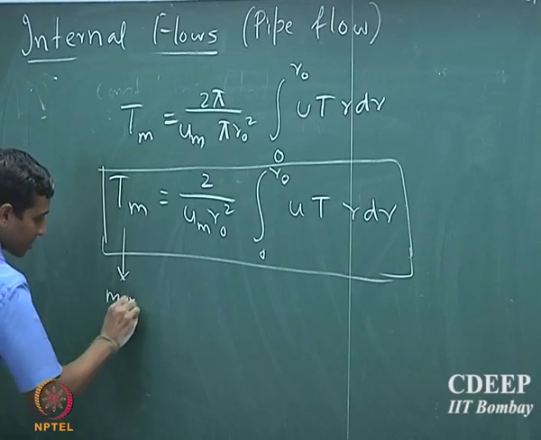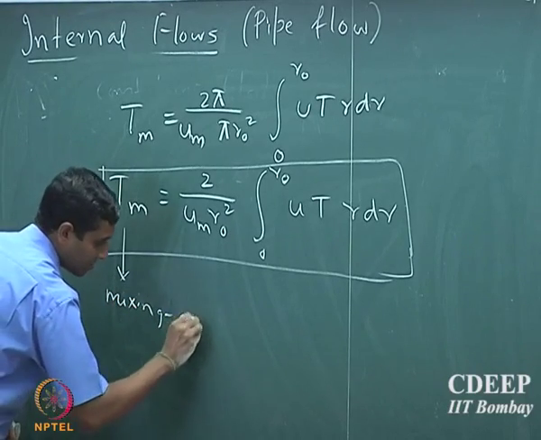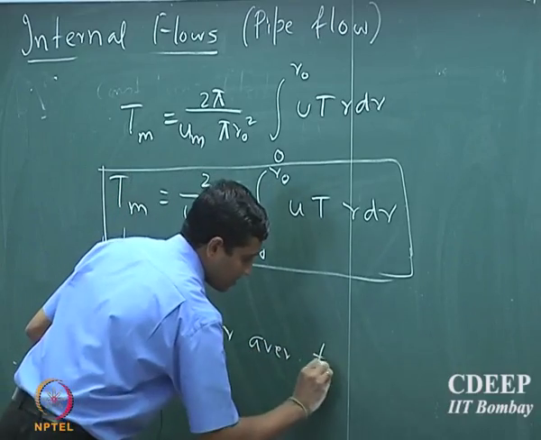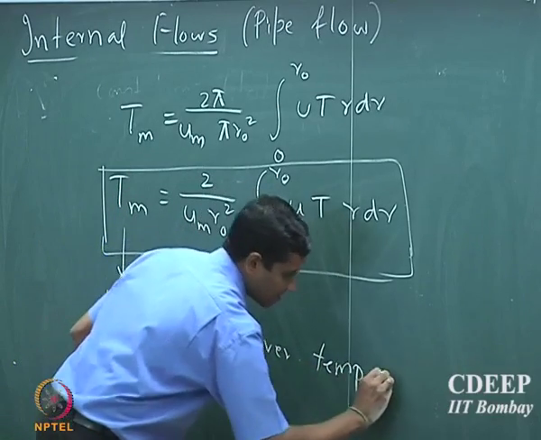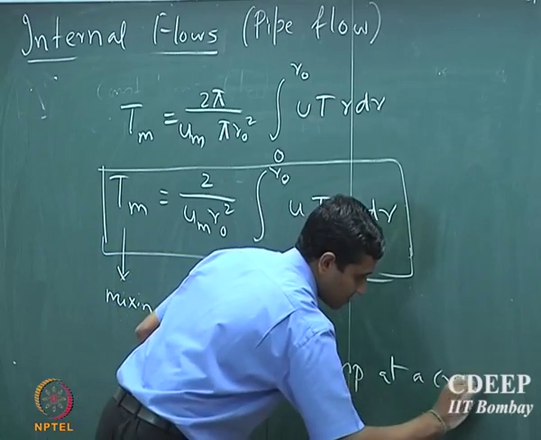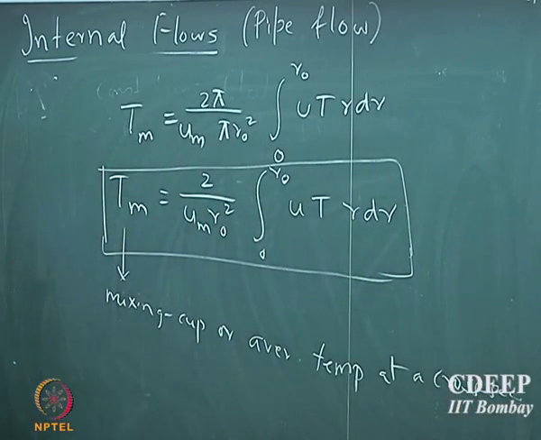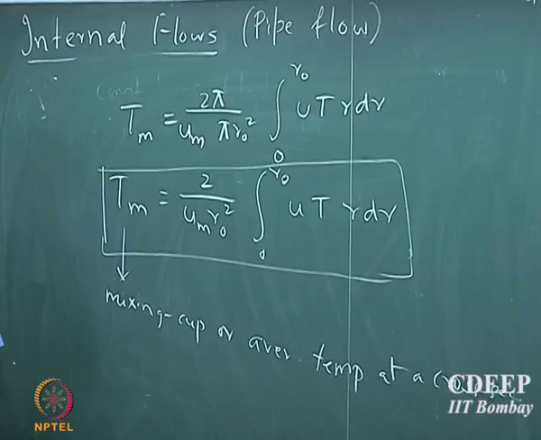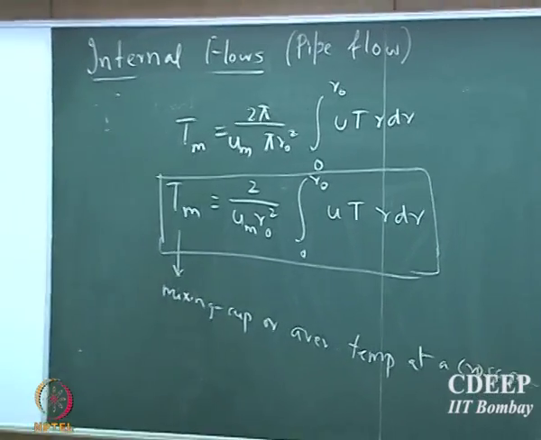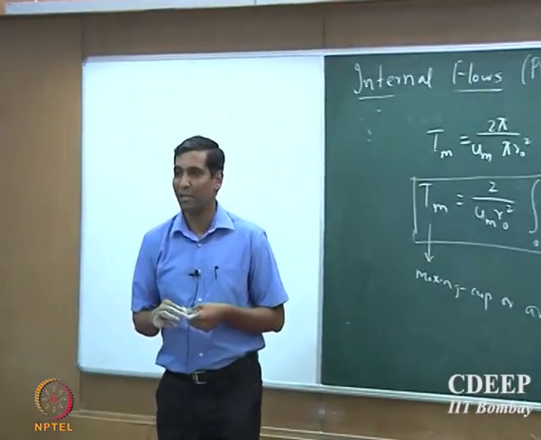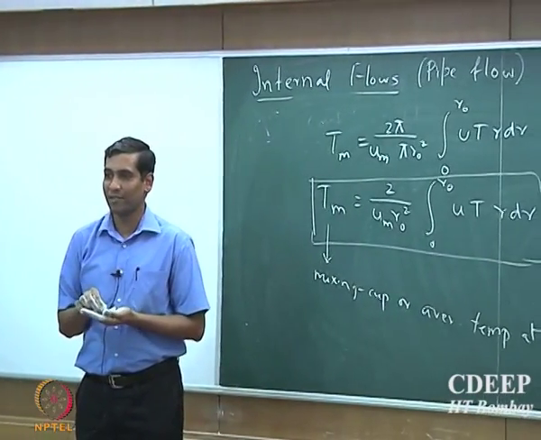It's called the mixing cup or average temperature. Is this a function of x position? Is this constant with respect to x position? It doesn't matter whether it is constant flux or constant temperature.